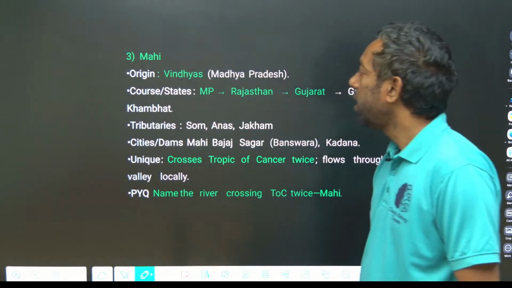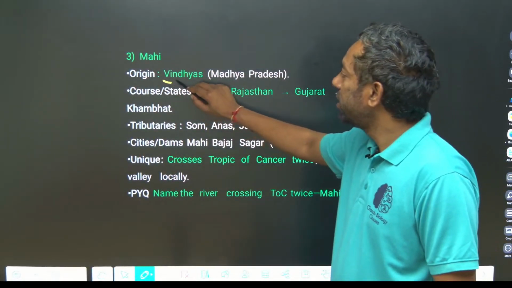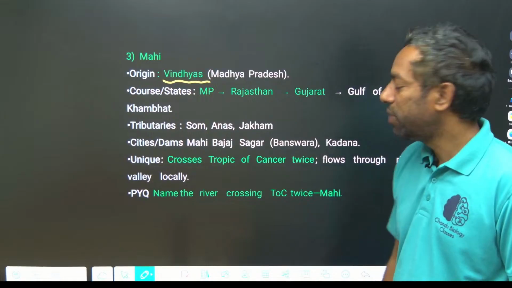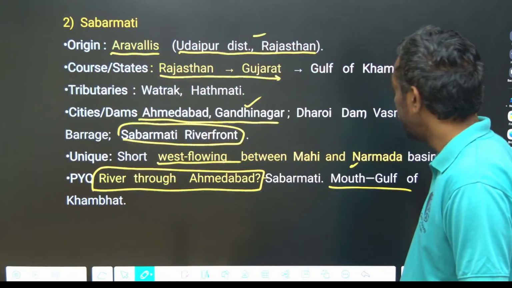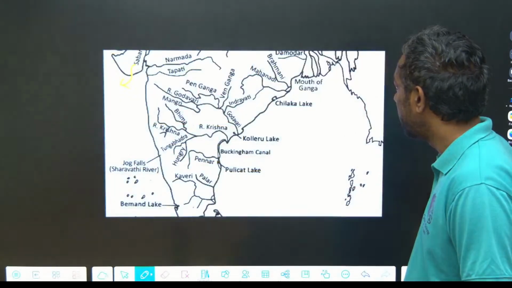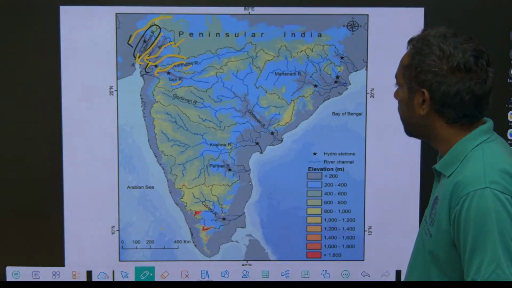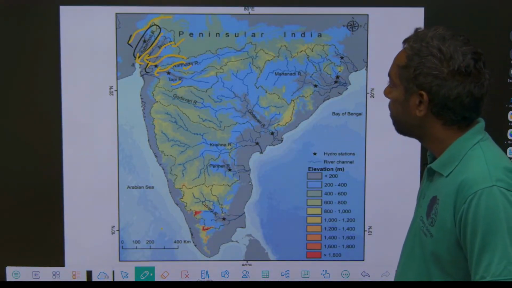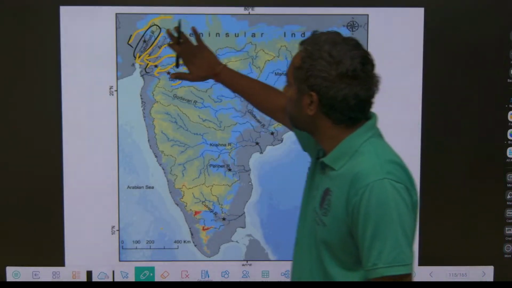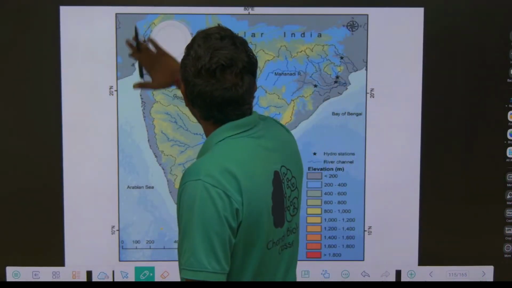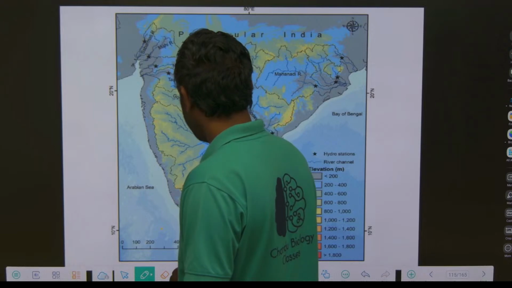They did ask in the previous exam the Mahi river name. Okay, yeah, Mahi river originates in the Vindhya ranges. Where are the Vindhya ranges? As I told you, Vindhya ranges. Okay, this is the Vindhya range, guys.